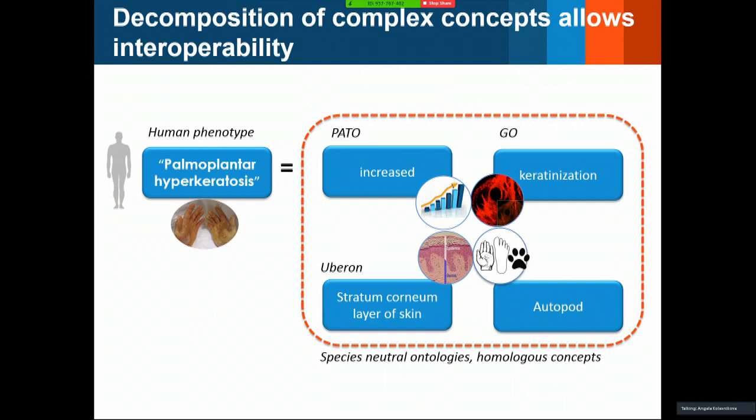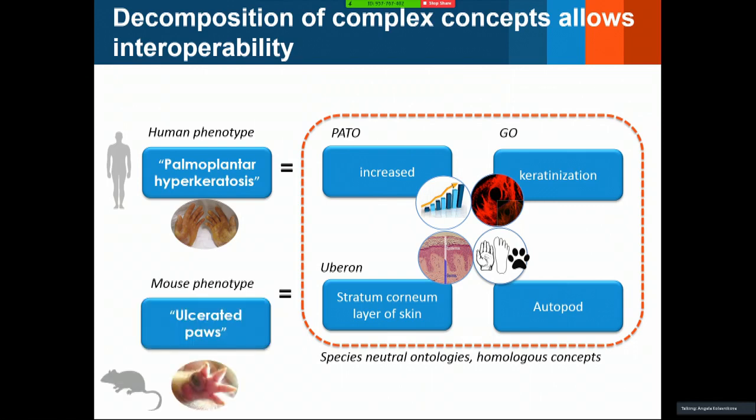So here, the stratum corneum layer of the skin that's located in the autopod. And so we create essentially a logic structure that combines these terms from a species-neutral ontology, so that when we see that mouse term, ulcerated paws, that has the same or a similar logical description, we can know that these two phenotypic concepts are related.